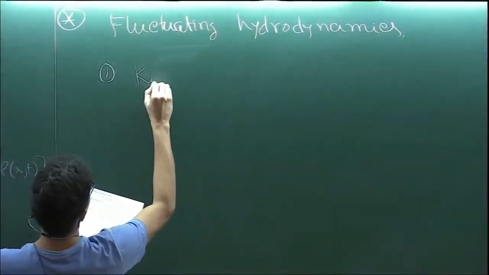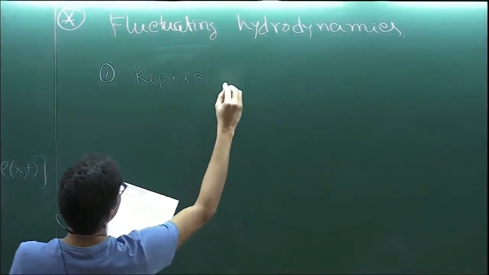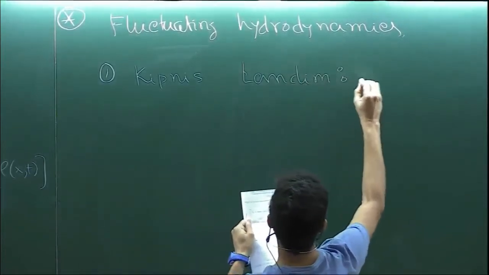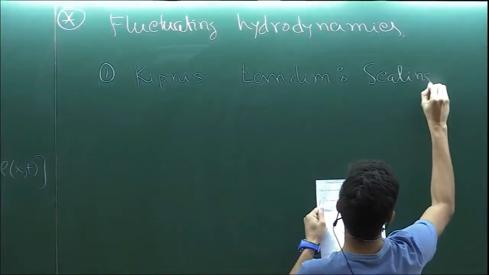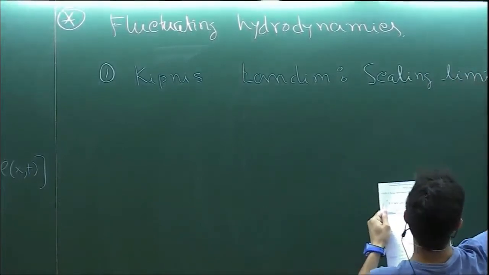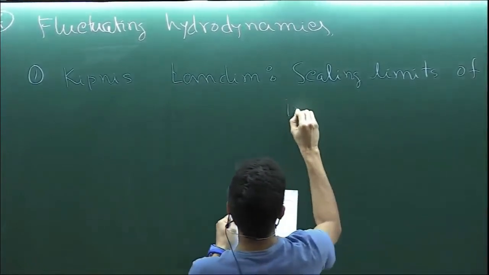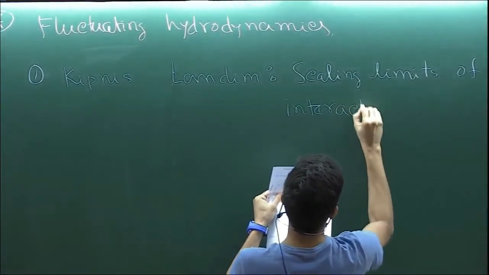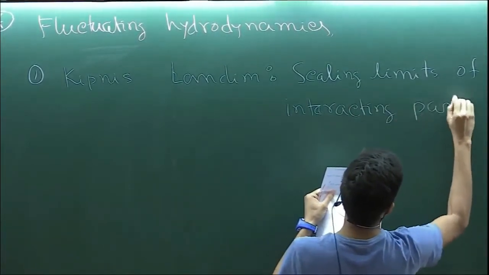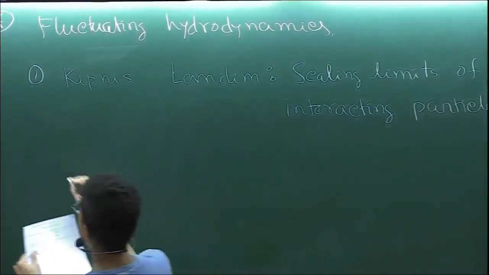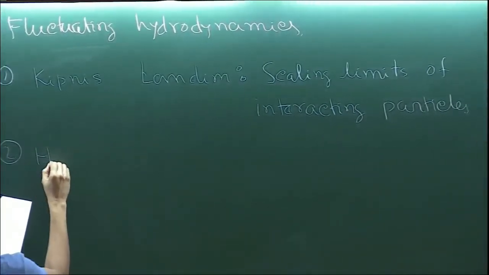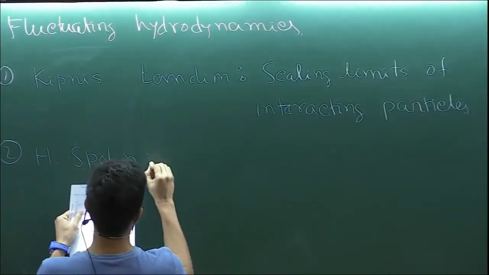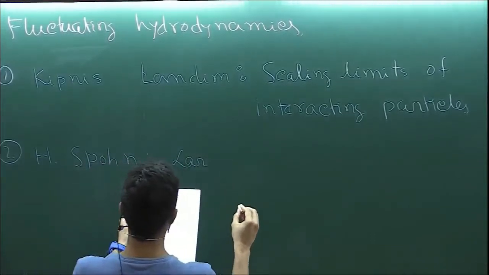One is a book by Kipnis and Landim, called Scaling Limits of Interacting Particles. The second is a very famous book by Herbert Spohn, called Large-Scale Dynamics of Interacting Particles.